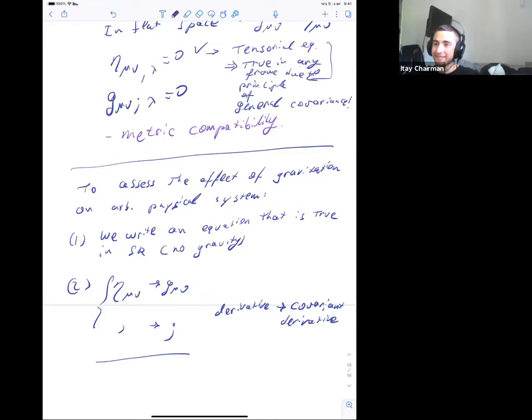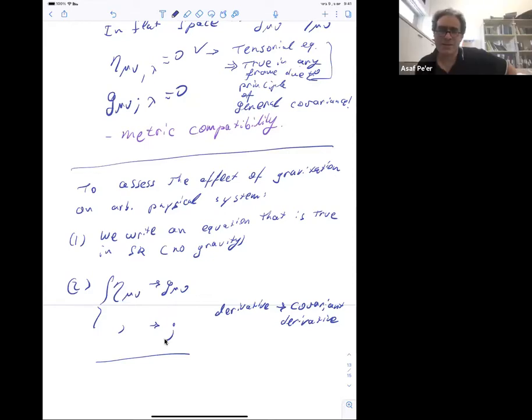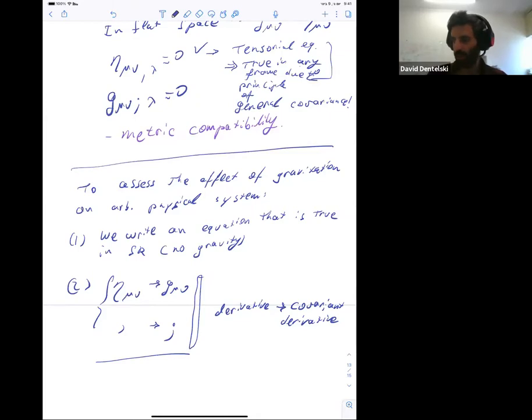Everything we did in special relativity, now I show you. This is everything you need to do to generalize it to general relativity, and you know that the equation you get is going to be correct. Like in special relativity, to work in the rest frame and then move to a more difficult frame via Lorentz.